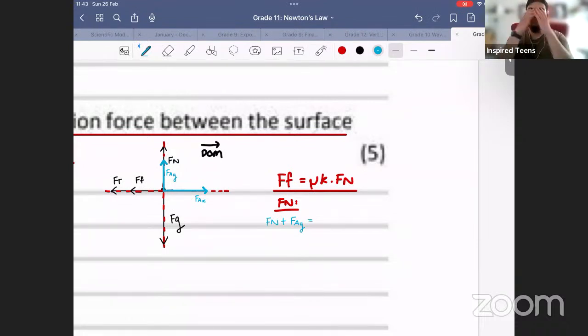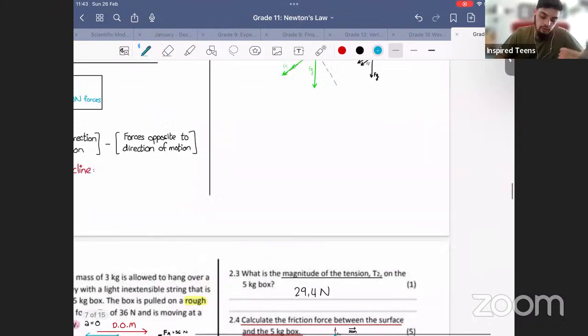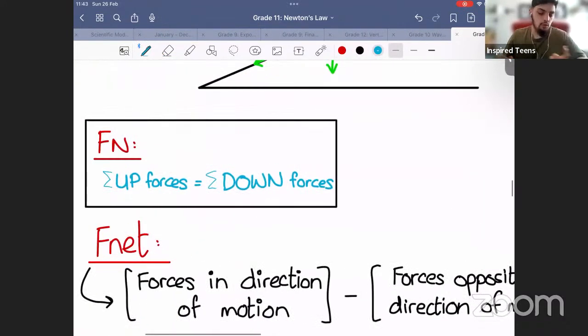When you start off Newton, you are of course going to do easy questions, but especially in your final examination paper, it's a high chance that they're not going to ask you an easy question. So why default to an assumption for an easy question, where Fg is equal to N and there are no other forces involved? Rather default to all your up forces are equal to all your down forces.